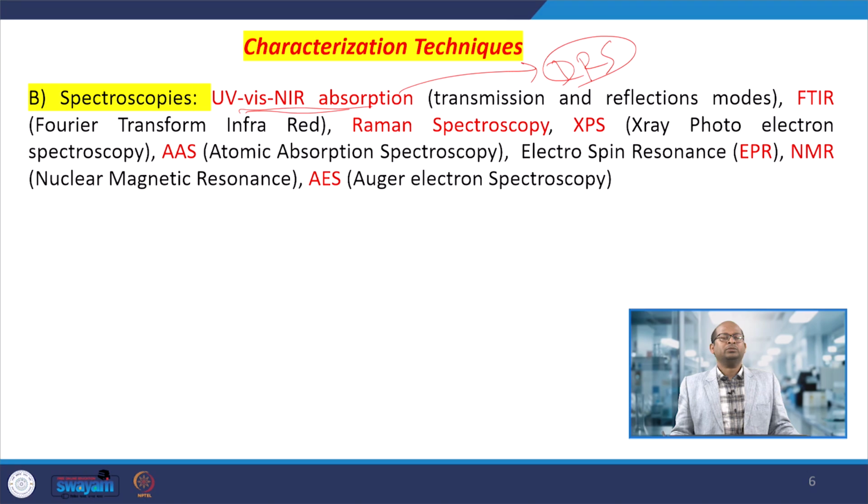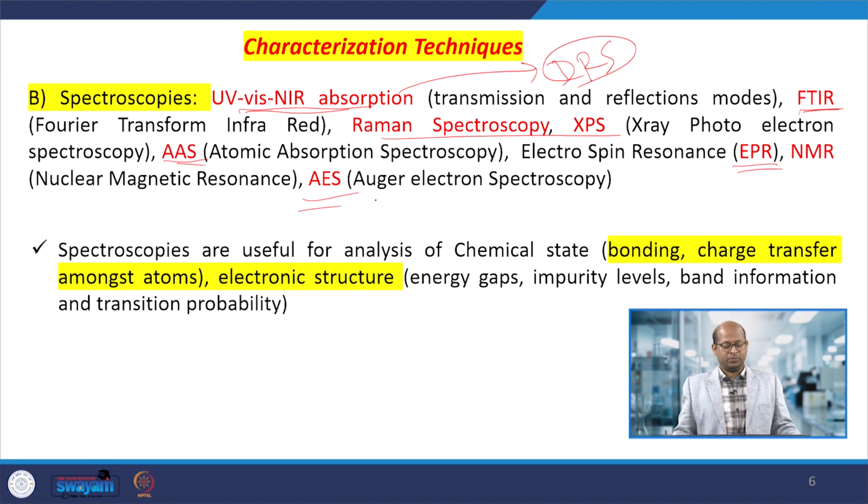We can use UV-NIR spectrophotometers, FTIR, Raman spectroscopy, XPS, atomic absorption spectroscopy, EPR, NMR, and AES, Auger electron spectroscopy, on whatever materials we have prepared.